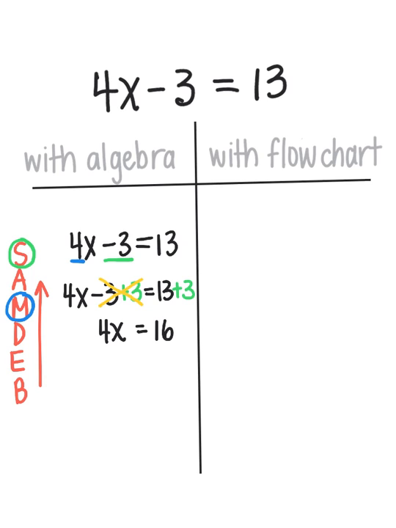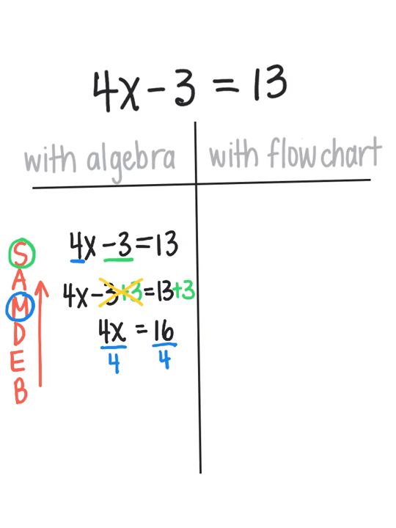Now we're looking to get rid of the multiply by 4. We know that the opposite of multiplying is to divide, so we'll divide both sides by 4. Some people get a little confused at this point and wonder why all of a sudden we're turning it into a fraction. What we're doing here is showing that we're dividing by 4, and a fraction is the top number being divided by the denominator.